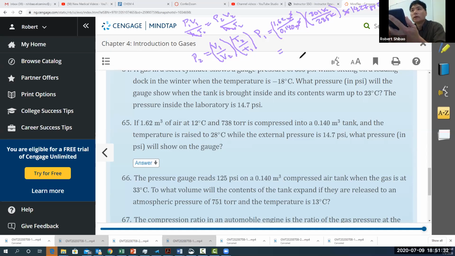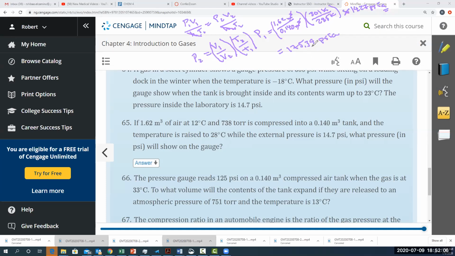Doing this, 1.62 divided by 0.14 times 301 divided by 285 times 14.27 equals. And so the pressure comes out to 175.39. I'm carrying extra digits here, I don't want to round yet. PSIA.